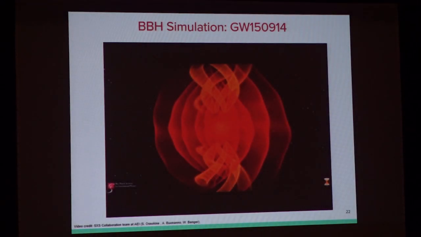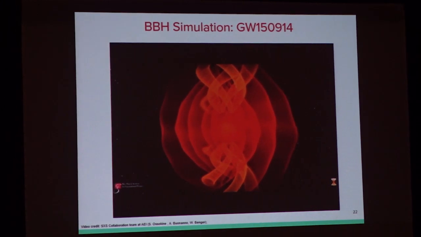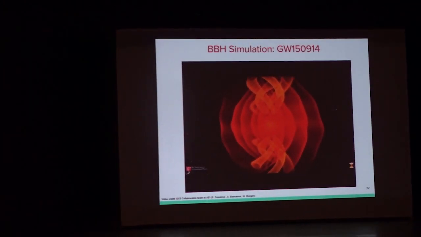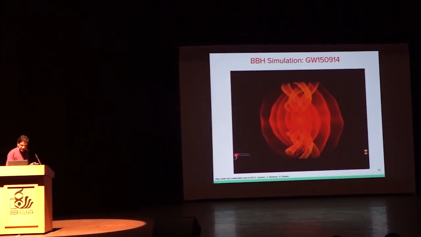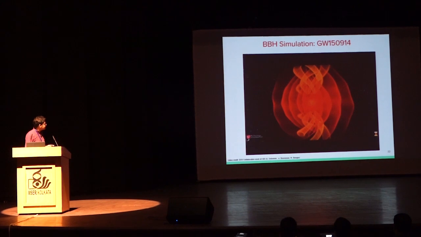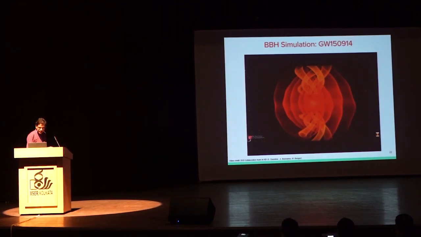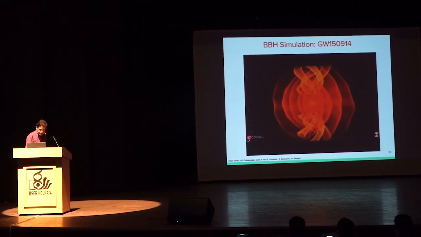And then, like 2 years later, came the first gravitational wave event that we saw, GW150914, and this is yet another animation from the same numerical simulation that I showed you earlier, from a slightly different point of view. So let me quickly try to play this, and that's not the one. Okay.